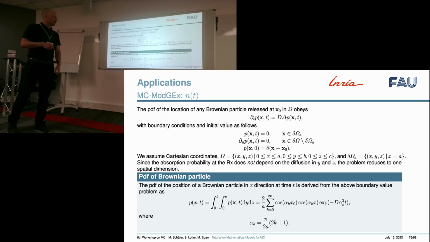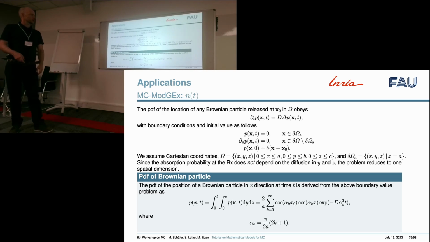And then we can actually solve this model because it's fairly standard. So what we get is one of these series expansions that were introduced by Max before, which is here the sum over the cosines and the exponential function. So you may recognize it from part 2 of this tutorial session.